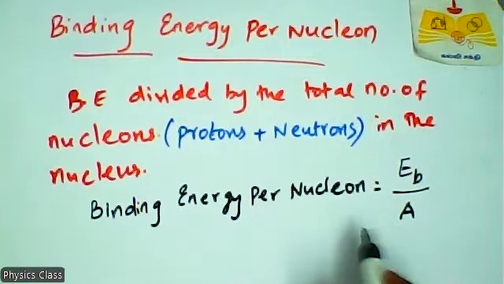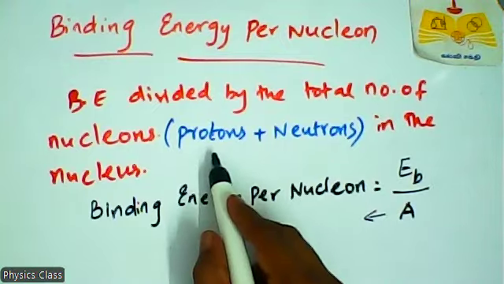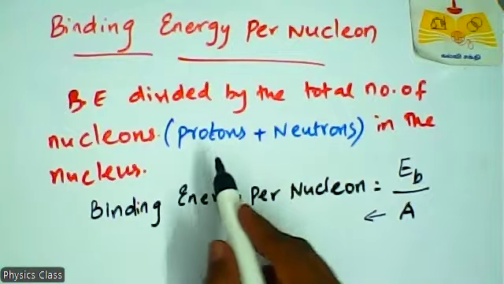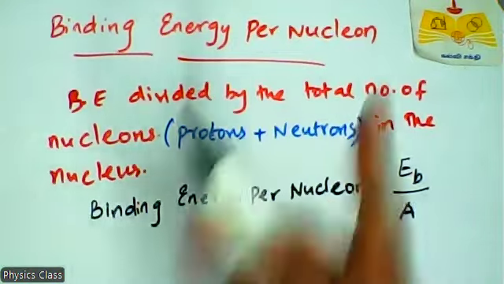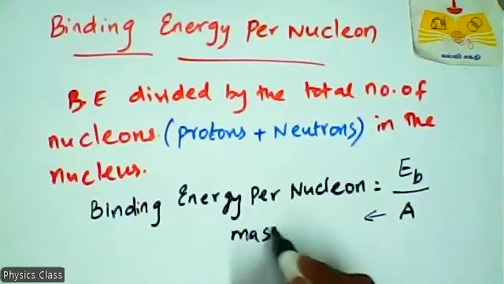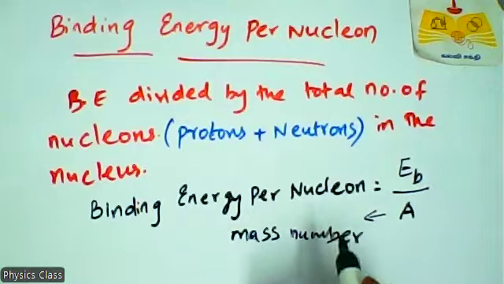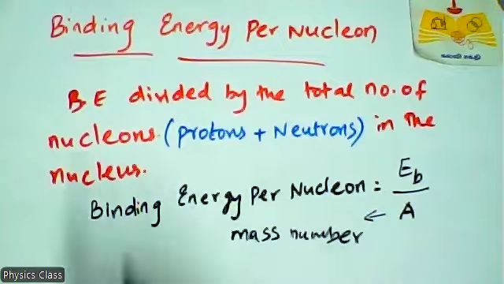A is the mass number, because the number of protons plus the number of neutrons is called the mass number of that nucleus. That is the total number of nucleons.